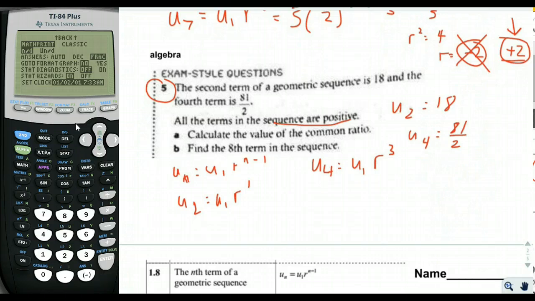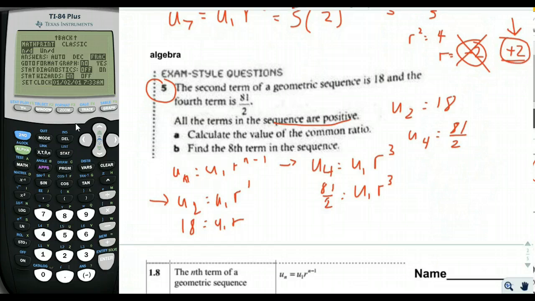Through that, we can figure out u1 and the common ratio, because we're going to have 2 equations and 2 unknowns. With 2 equations and 2 unknowns, we can solve for both unknowns. So first we'll put 18 equals u1, which we don't know, times r. And then we'll put 81 over 2 equals u1, which we don't know, times r cubed, which we also don't know.